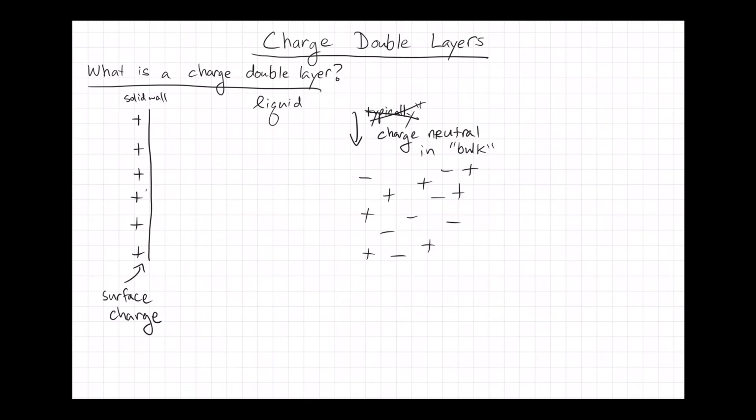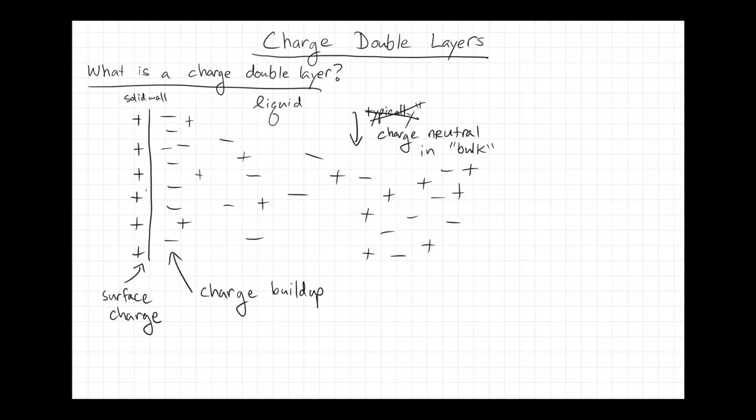And that means that at least in some portion of the fluid, you expect to find an equal number of positive and negative charges per unit volume. So the net charge density is zero. On the other hand, near a charged surface, what you'll find is that there is a preferential charge buildup in the liquid that is basically there to match the surface charge on or near the solid wall.